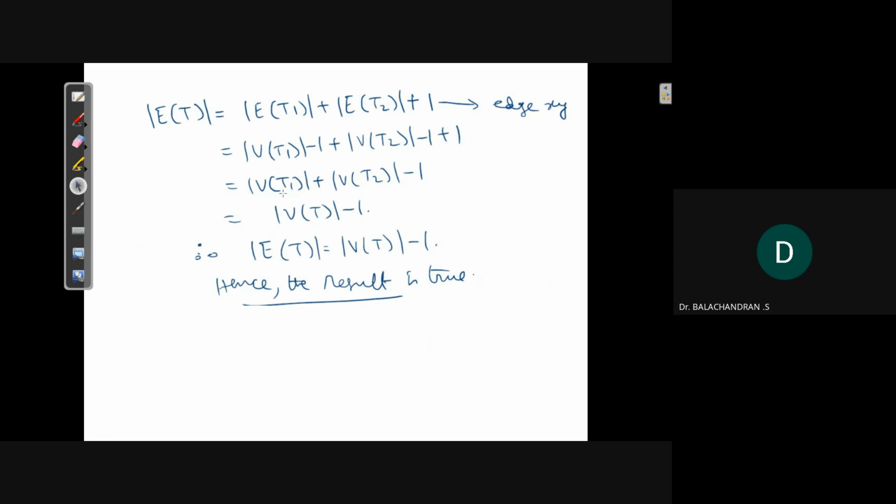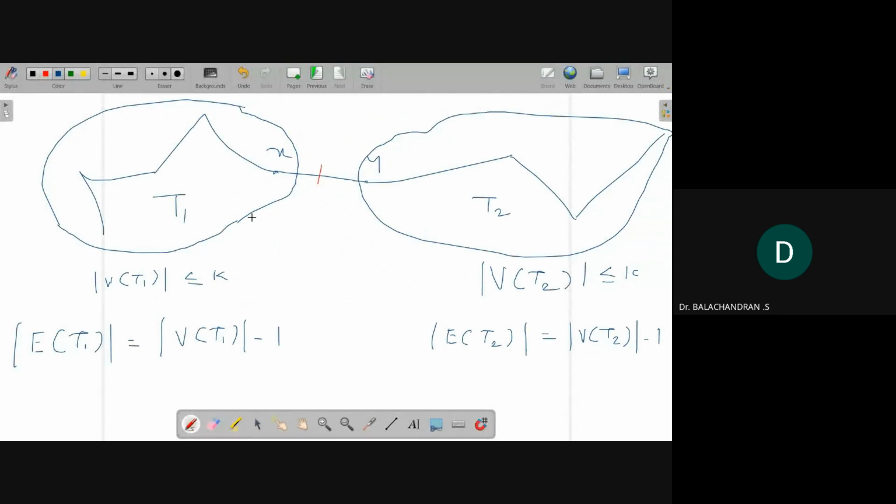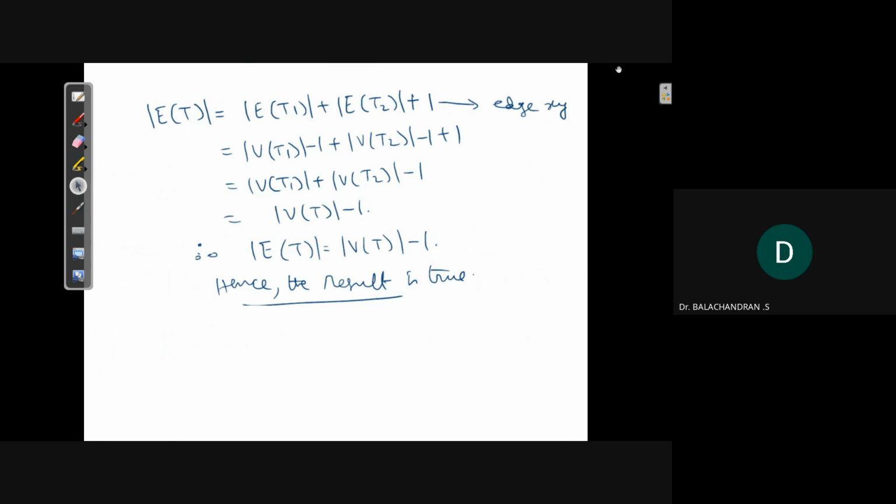Now what is the number of vertices in T1 plus the number of vertices in T2? T1 contains the vertex x, T2 contains the vertex y, so the number of vertices in T is equal to the number of vertices in T1 plus the number of vertices in T2.